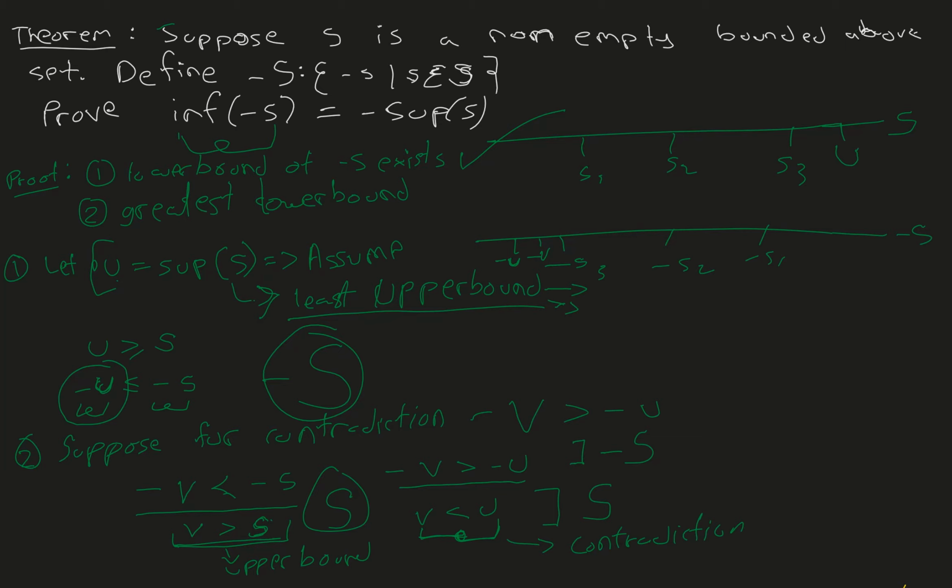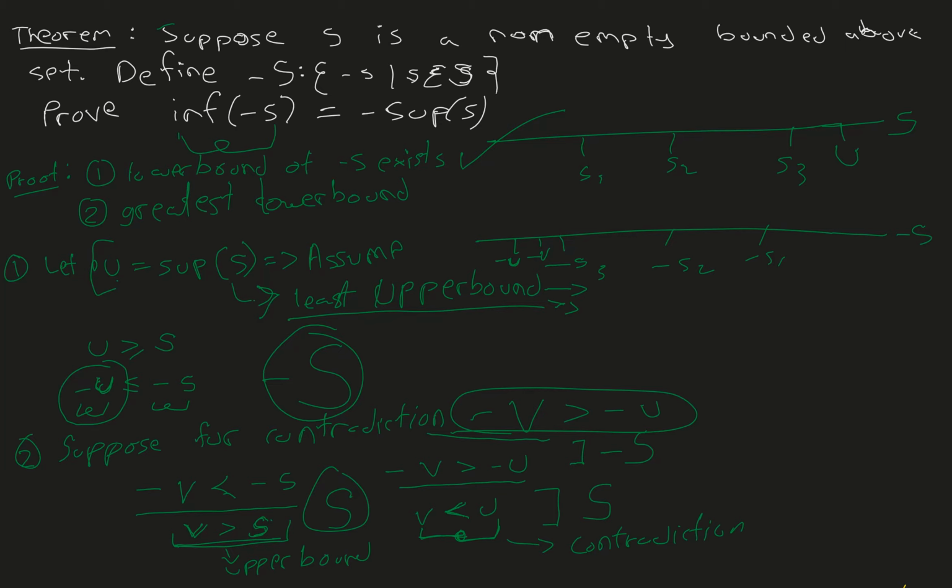But we just found an element v that is an upper bound for the set S because it's greater than all elements s, but it is less than u, which is not possible. So our assumption is wrong, that negative v is greater than negative u is wrong.